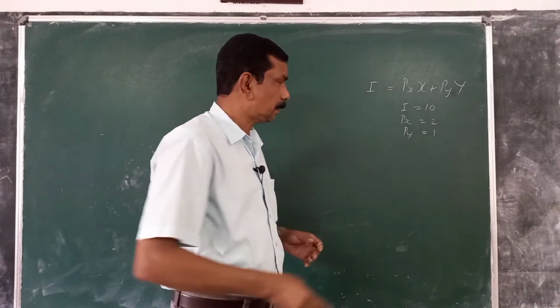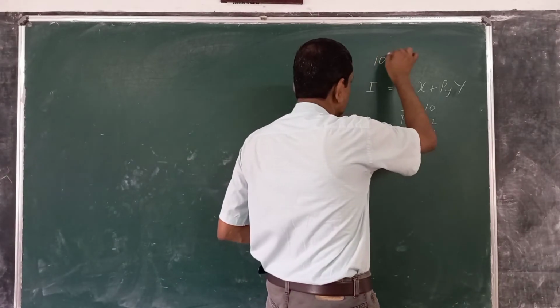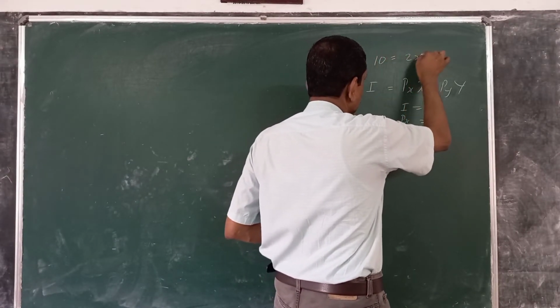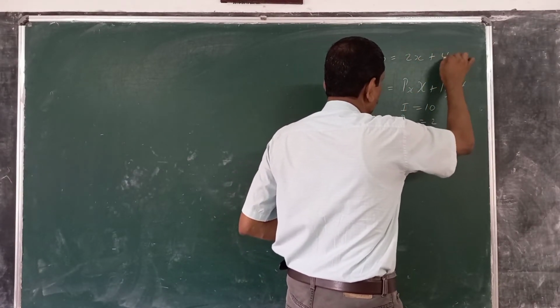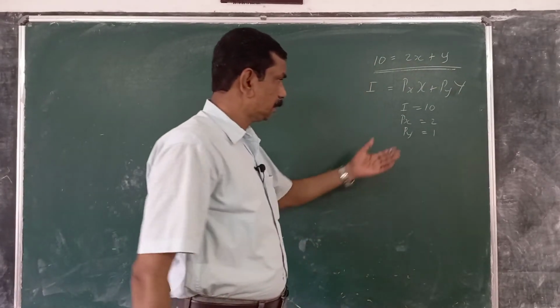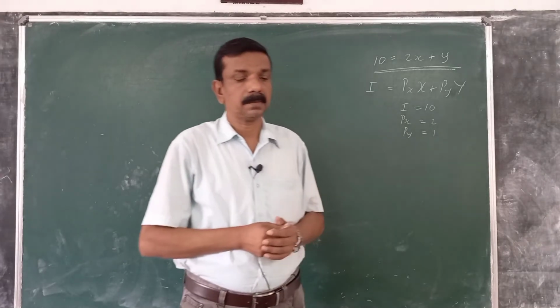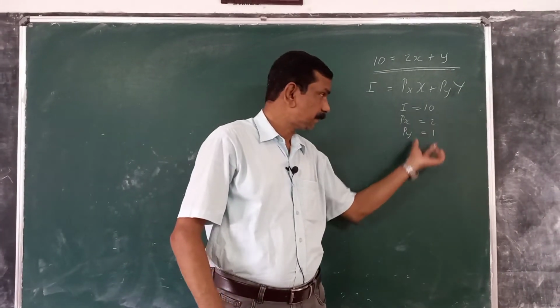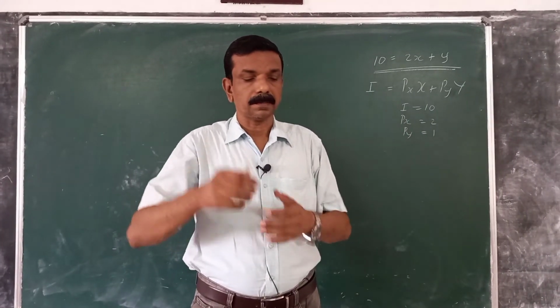Then the budget line becomes 10 equals 2x plus y, given that we have information about the prices of the commodities and income.